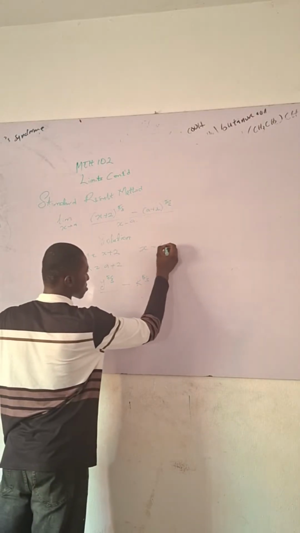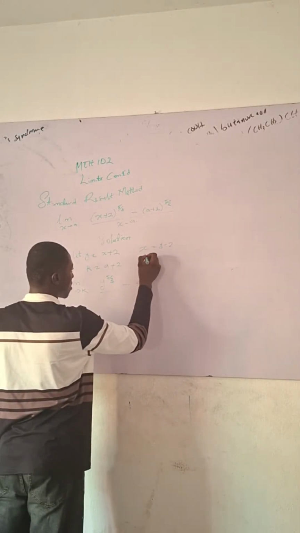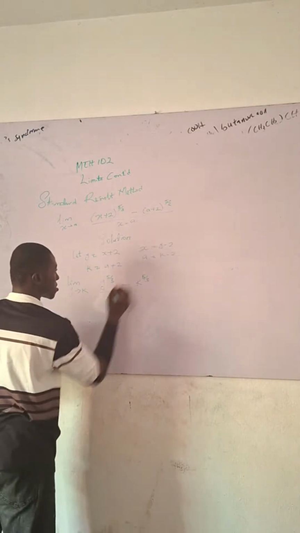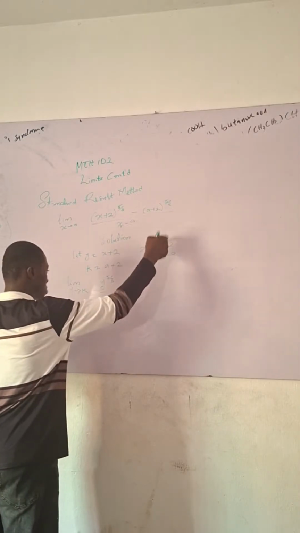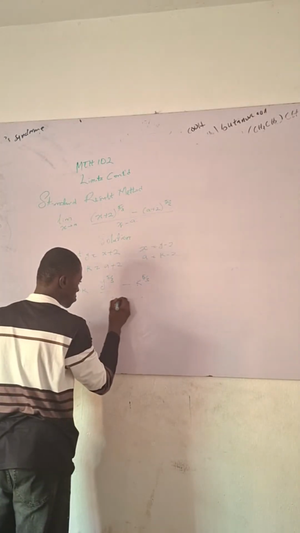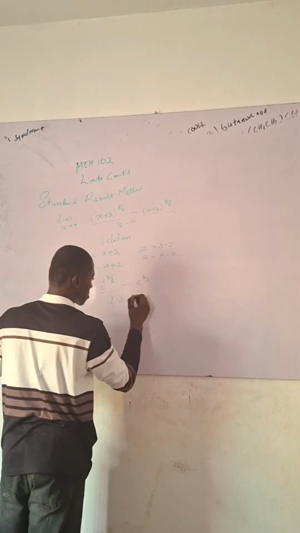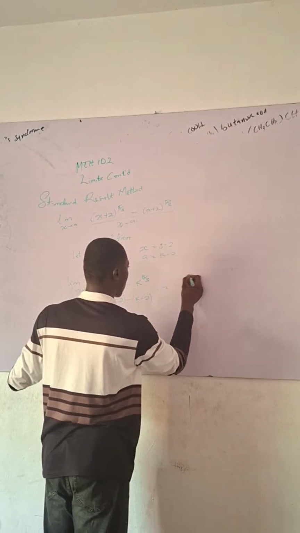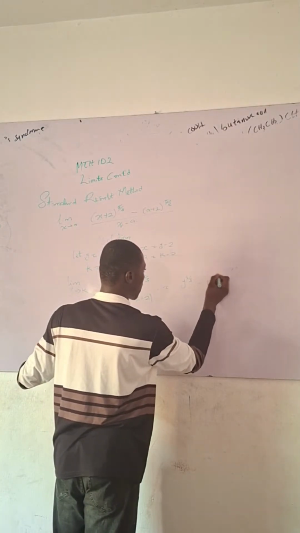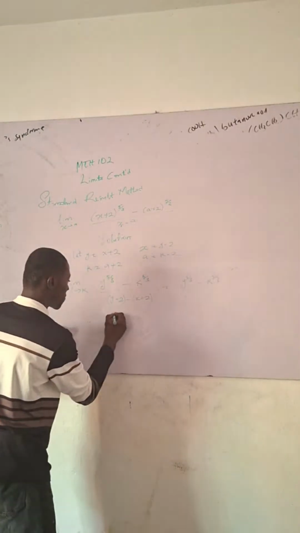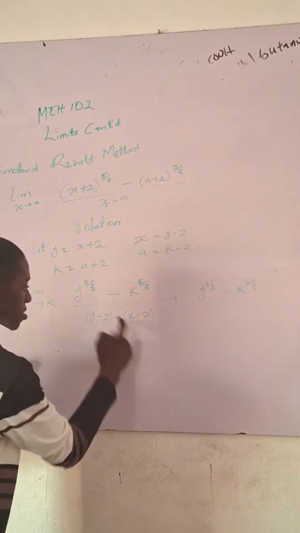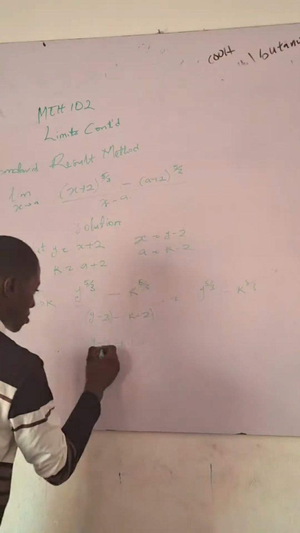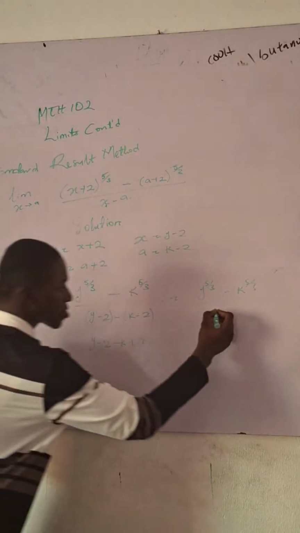For a: k minus 2. Putting these in, wherever I see x I put y minus 2, minus k minus 2. If I open the bracket, I have y minus 2 minus k plus 2. Minus 2 and plus 2 cancel out, so that will be y minus k.